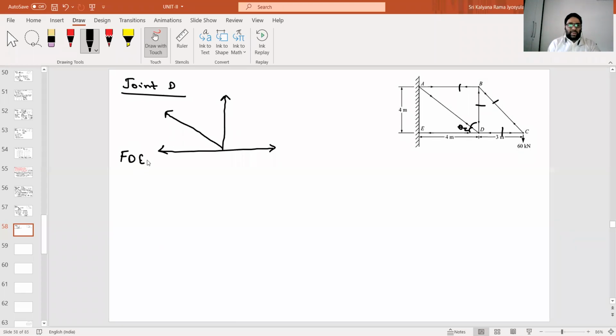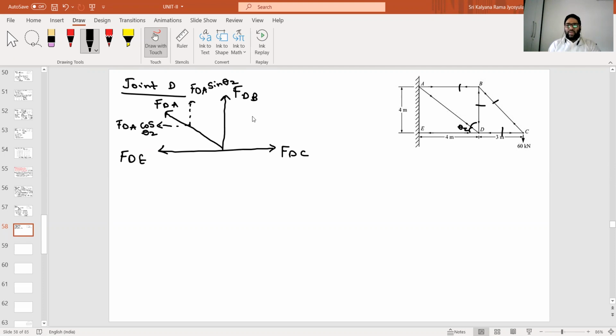This is FDE, FDA, FDB, this is FDC. Now resolving the forces, FDA sin theta 2 and this FDA cos theta 2.